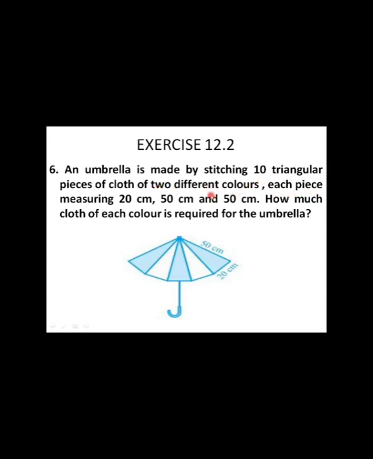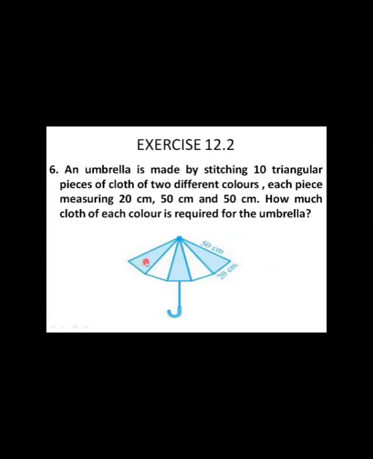Each piece measuring 20 centimeter, 50 centimeter and 50 centimeter. How much cloth of each color is required for the umbrella? So as a figure depicts, the umbrella is actually made up of 10 triangular pieces. We can only see the front view of the umbrella.